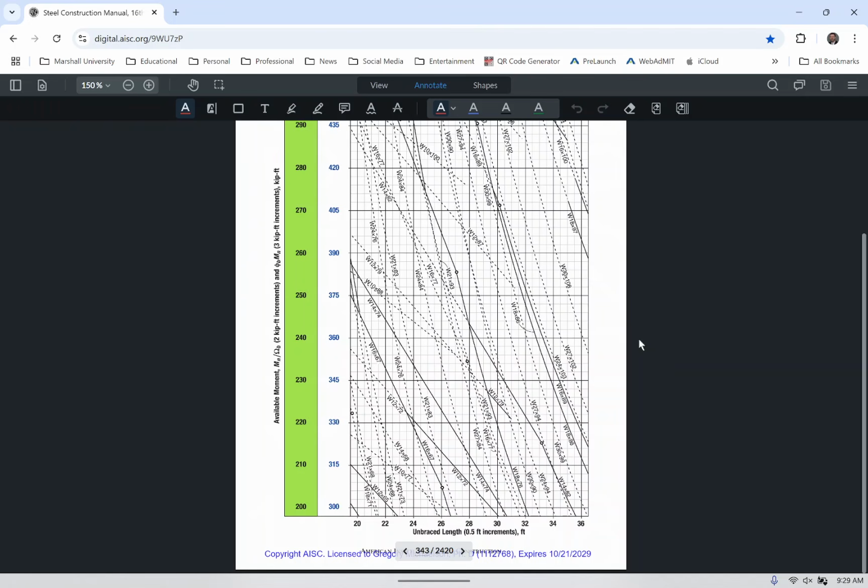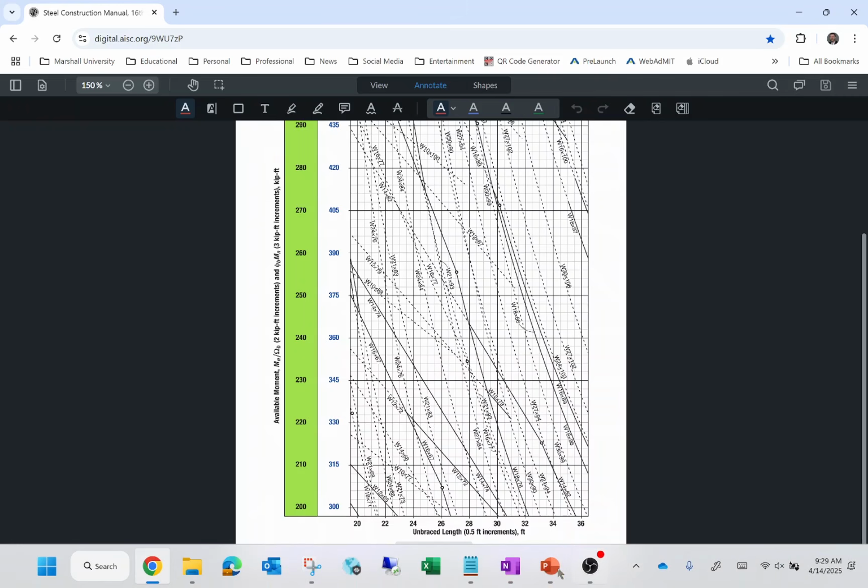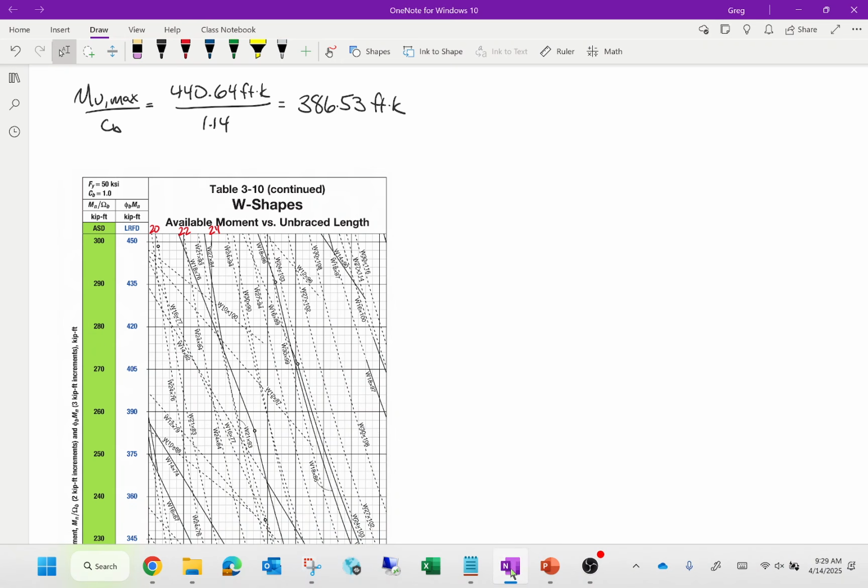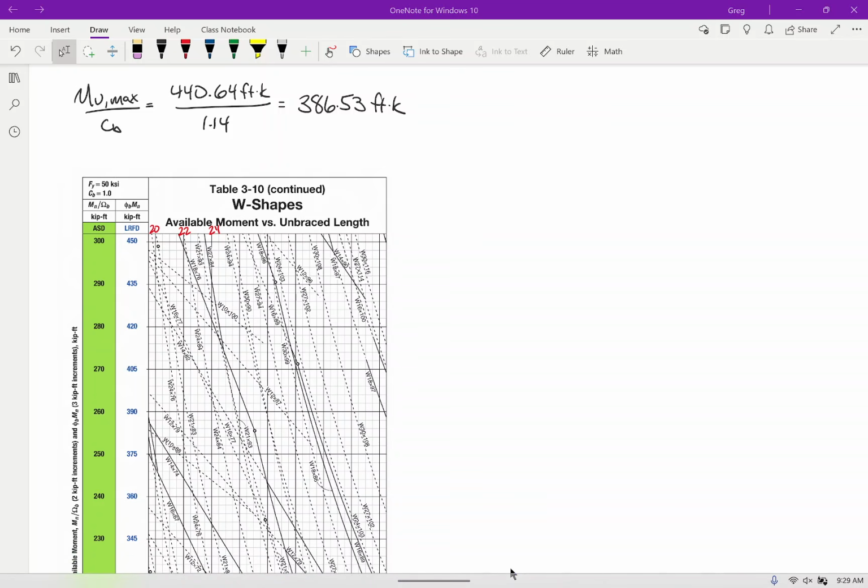And then we're using 386.53. So increments of 3, 8, 81, probably something like that. Is that probably what we're looking for at that point right there?